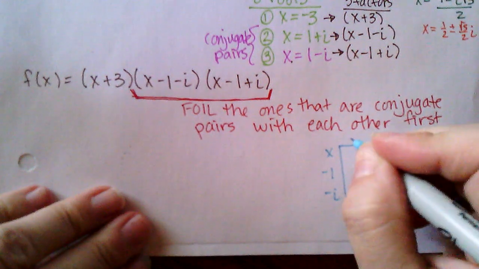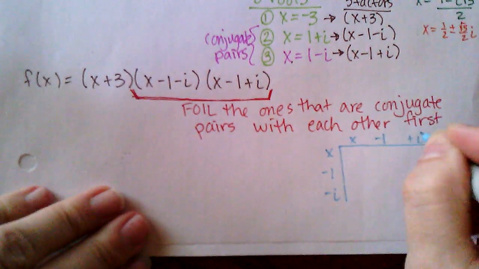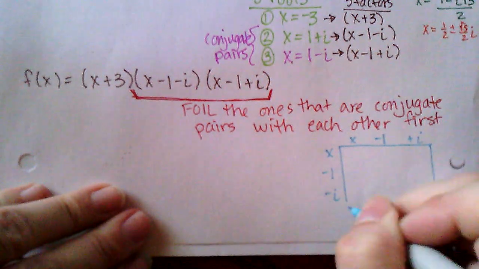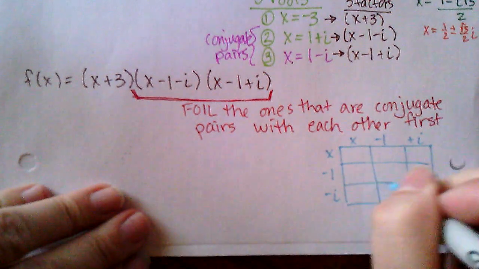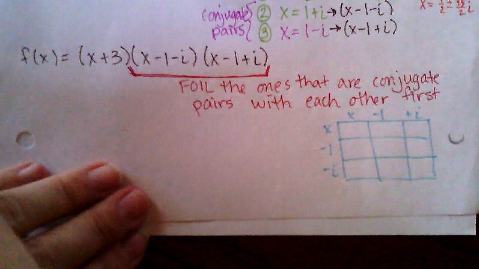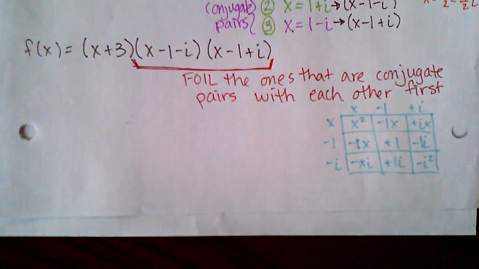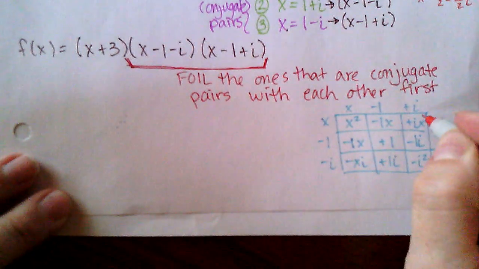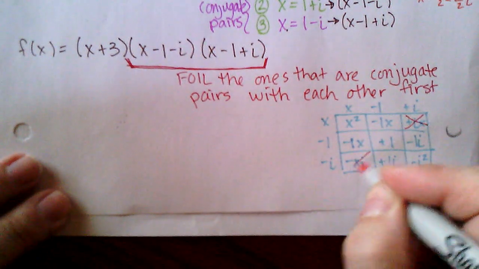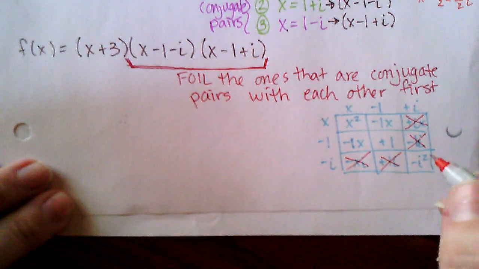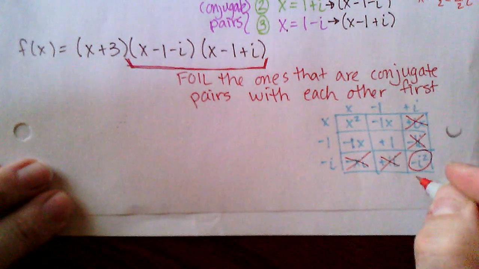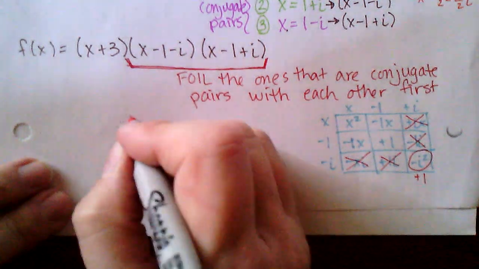x minus 1 minus i, x minus 1 plus i, and then just create that little grid. When you get your grid filled out, you're going to combine like terms, knowing that plus ix and minus ix and plus i and minus i cancel each other out, and negative i squared becomes plus 1.